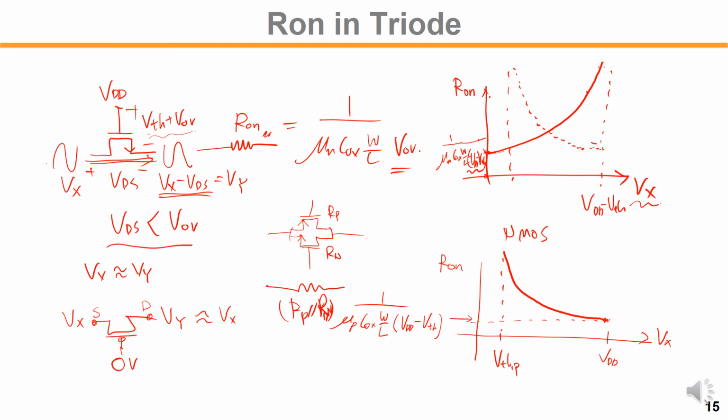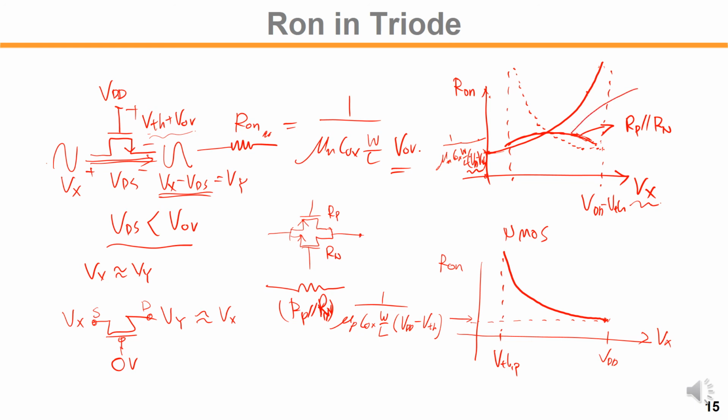So we may see a more linearized, flat resistance, Rp parallel Rn. It's getting better, right? So when you want a linear resistor over a wide operating range, you need to use both PMOS and NMOS in parallel.